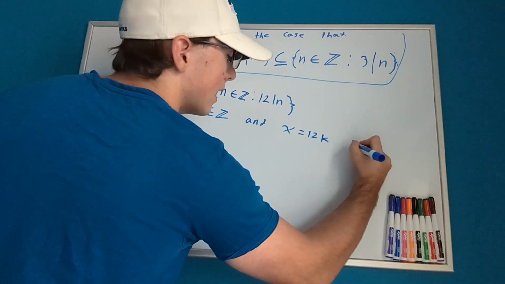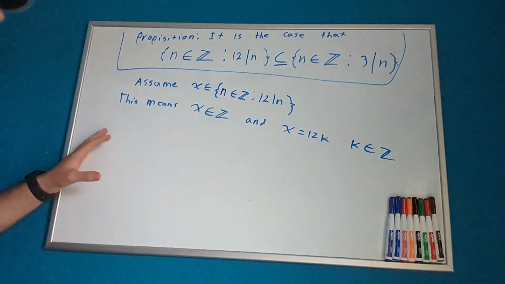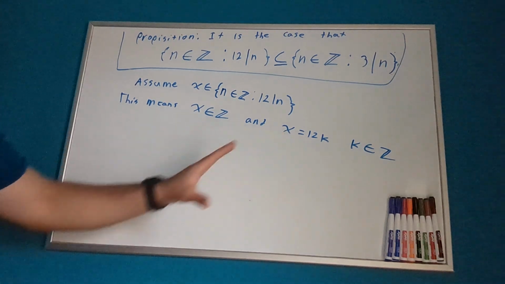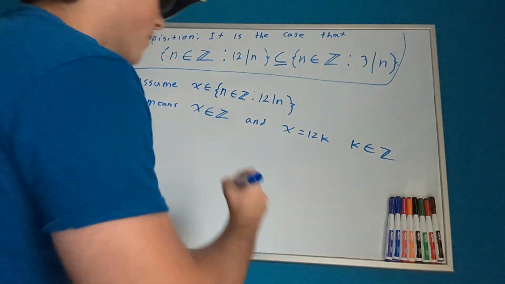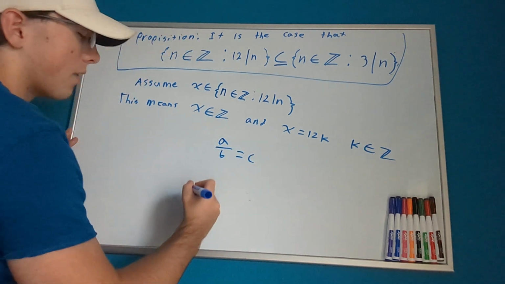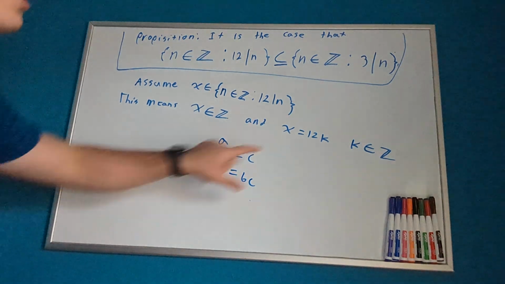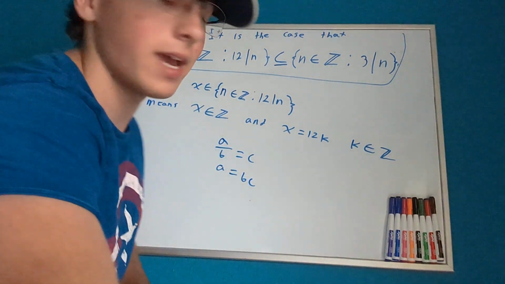So we can write k is also inside the integers, right? Because basically what this means is, if a divides b, which equals c, then we can say b equals ac. We're essentially doing the same thing here for x equals 12k, okay?